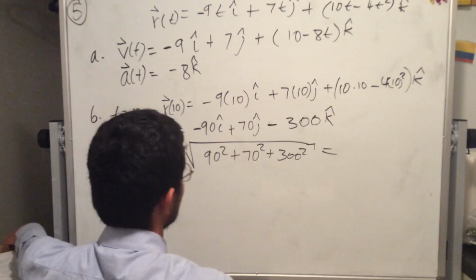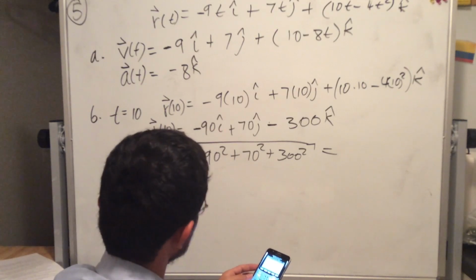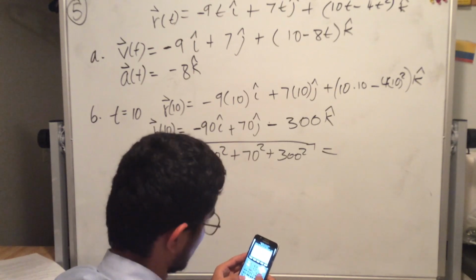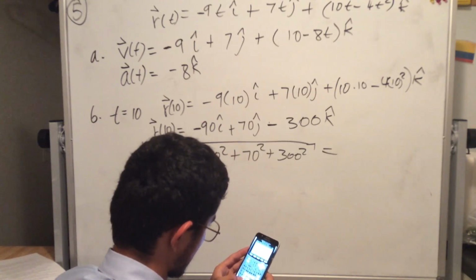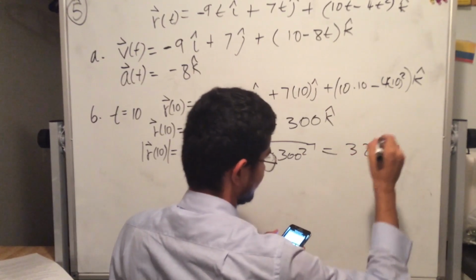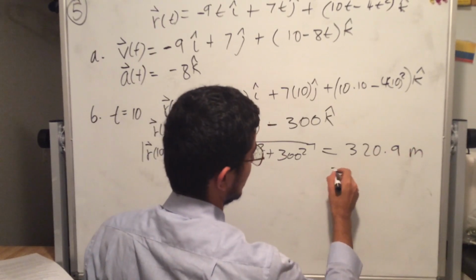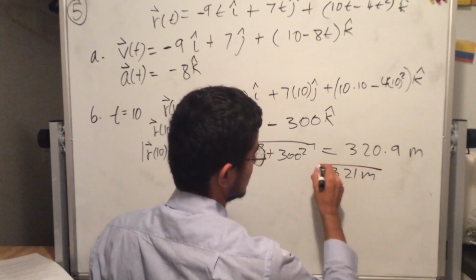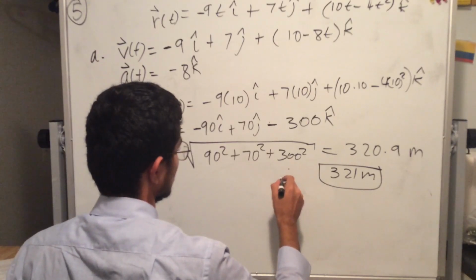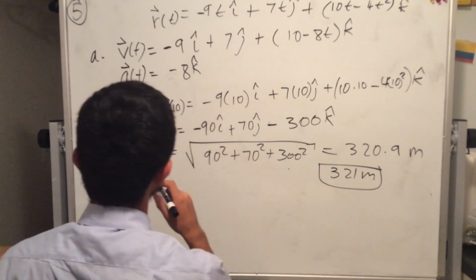Let's plug that into our calculator and see what we get. So we got 320.9 meters. But we could round it to 3 significant figures, so 321 meters. That's going to be the position from the origin of the bee. I'm sorry, it's not the position, but the displacement. So that's going to be the displacement.